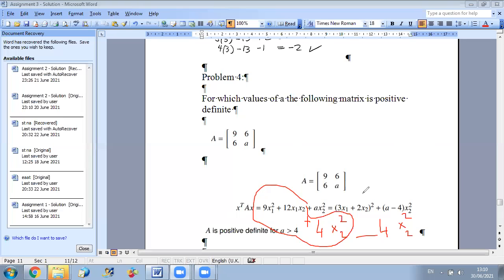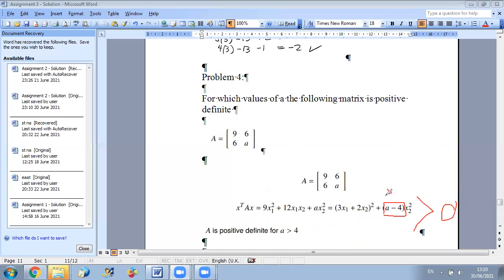And I still just have two elements, a x2 squared and minus 4x2 squared. So it's a minus 4 times x2 squared. And to have this result positive for any value of x1, x2, the condition will be that this coefficient should be positive, and therefore a should be larger than 4.